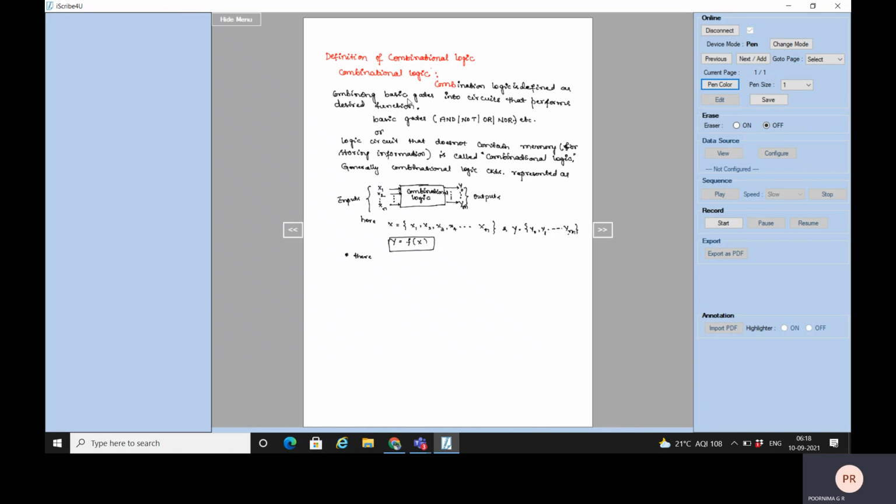This is very important. There is no feedback that exists between output to input. Hence, it is termed to be a combinational logic or combinational circuit.